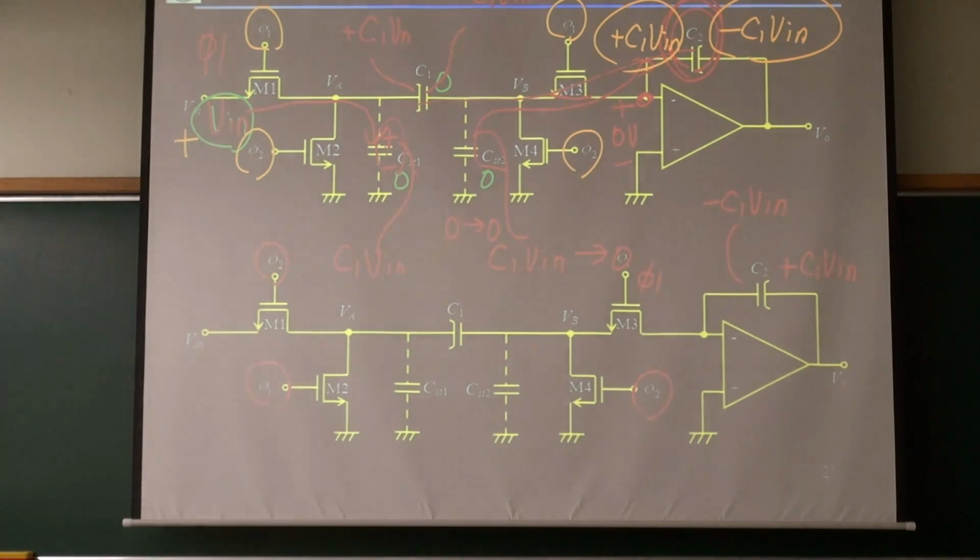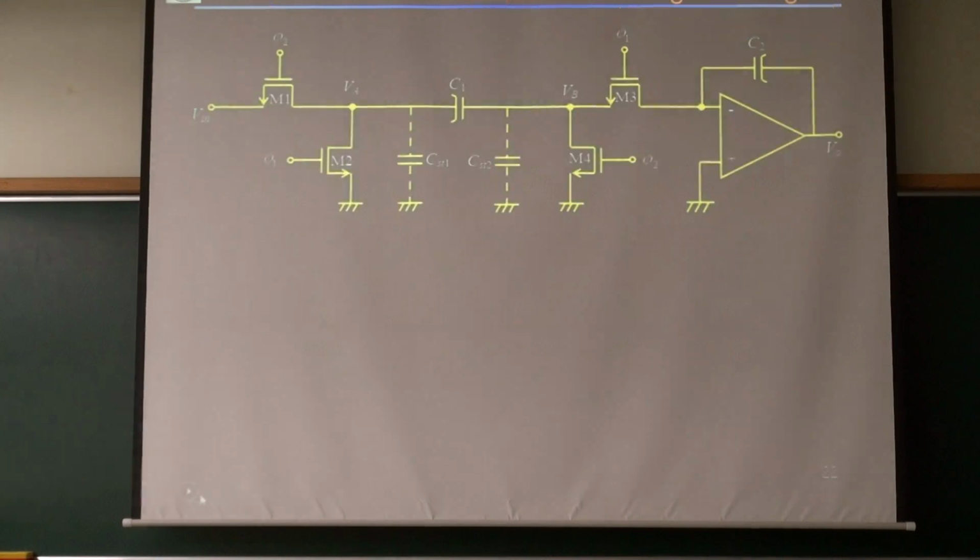Yeah, see, during by two phase, those two are on, right? This is on. This is on. So the left hand side charge will be plus C1 Vin. The right hand side charge will be minus C1 Vin. And then during by one phase, it will be connected that way.